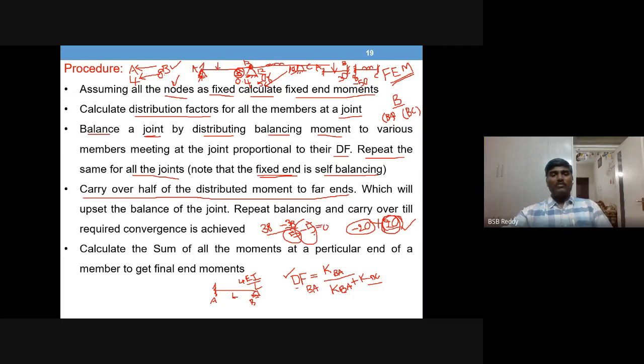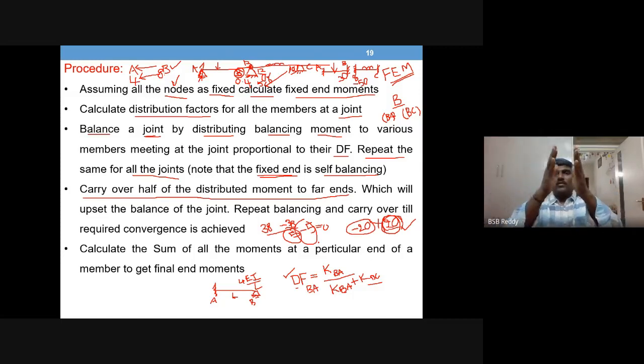Again, as you are applying minus 5, that minus 5 shall be carried to the far ends again, to BA and to C also, because C is also a far end. So likewise, as you balance two joints or three joints or four joints, the balance of one joint will be disturbed by the other joint because of carryover moments.